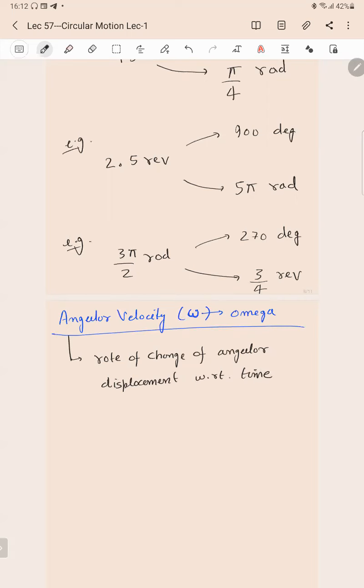Is it okay, Arya? In the same way, we used to define linear velocity, rate of change of displacement with respect to time. Similarly, omega can be defined like that. Are you okay with this?